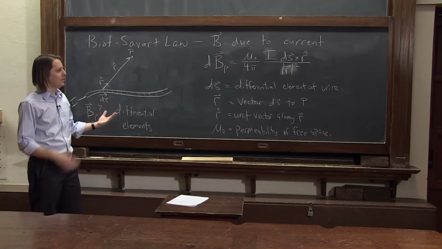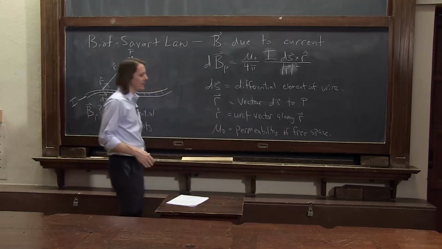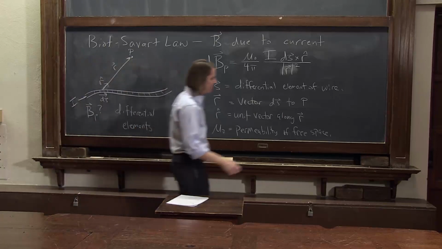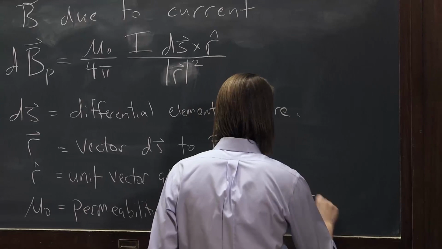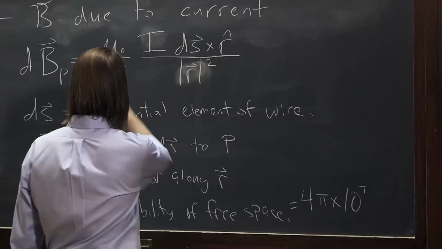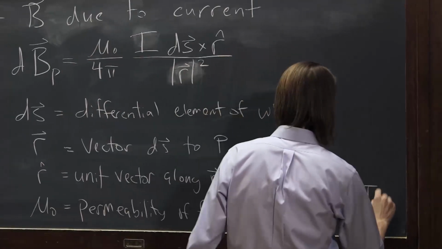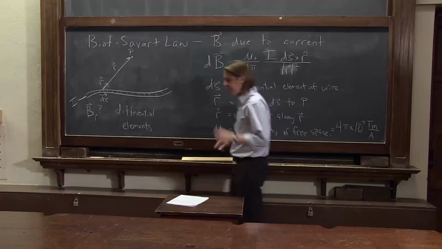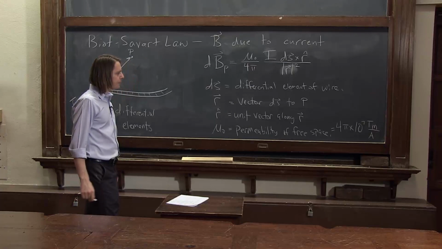How much electric field do you get for some charge? Permeability of free space helps you figure out how much magnetic field you get for some current. It's equal to 4 pi times 10 to the minus 7. It must be Tesla meters per amp. That's the constant you want to use. 4 pi times 10 to the minus 7 Tesla meters per amp.